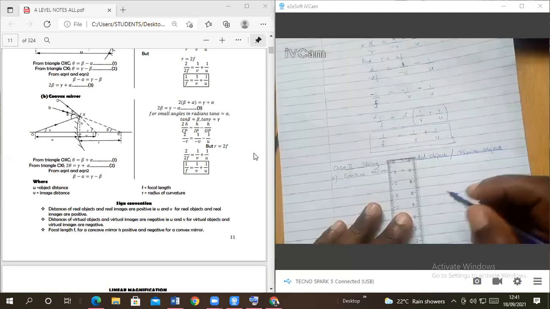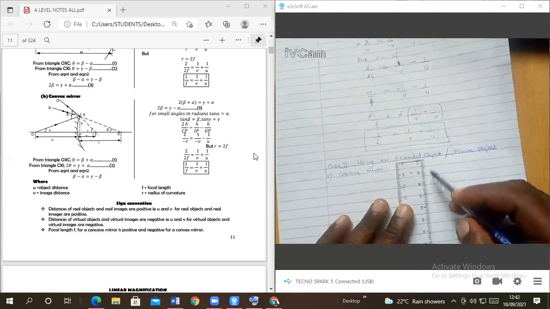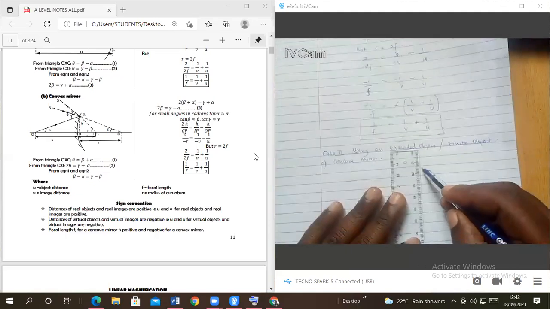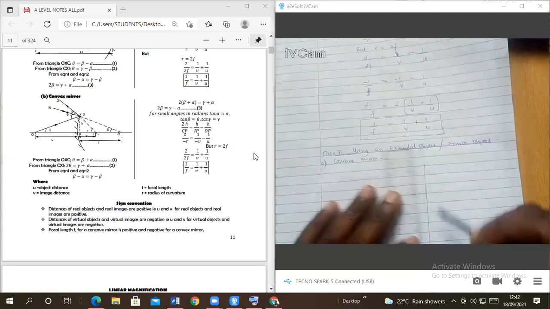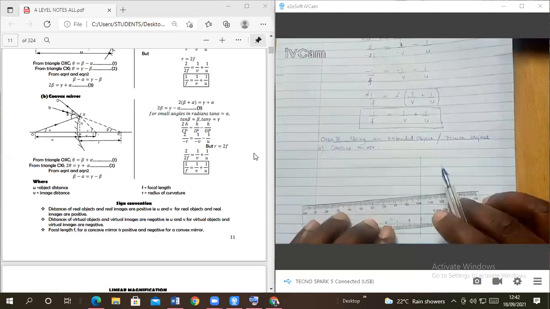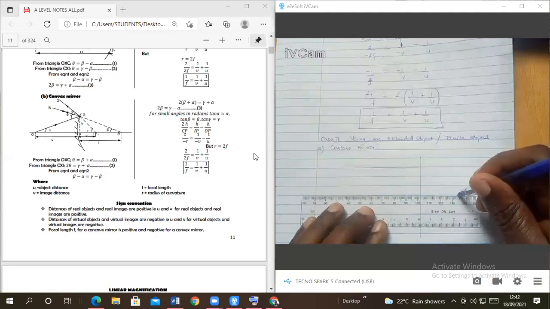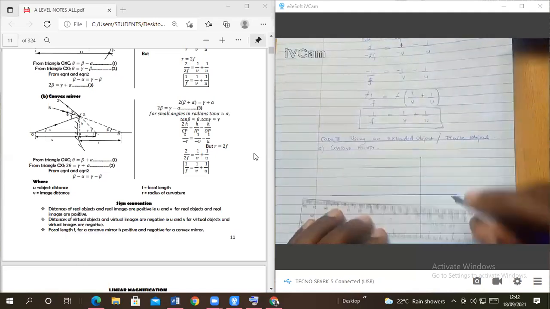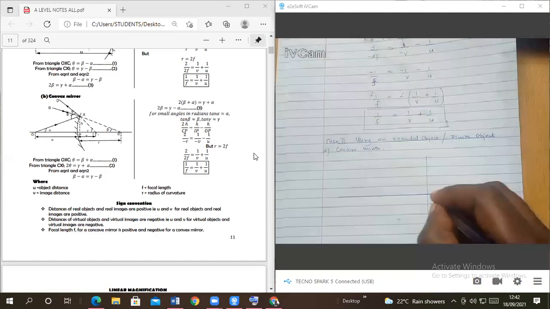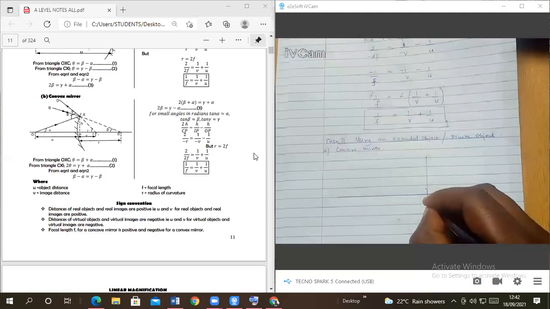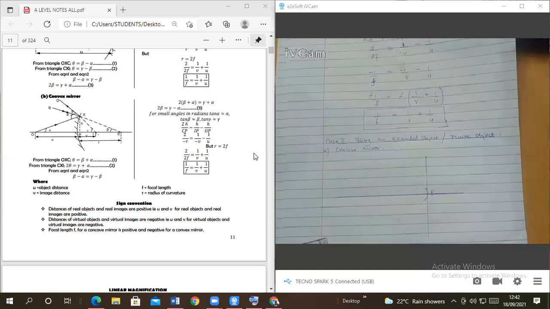So in the diagram below, first of all, we shall draw our line here to indicate our mirror, and we shall draw the principal axis. Then we shall indicate this to show that we are dealing with a concave mirror, so that is point P, where we have the pole.